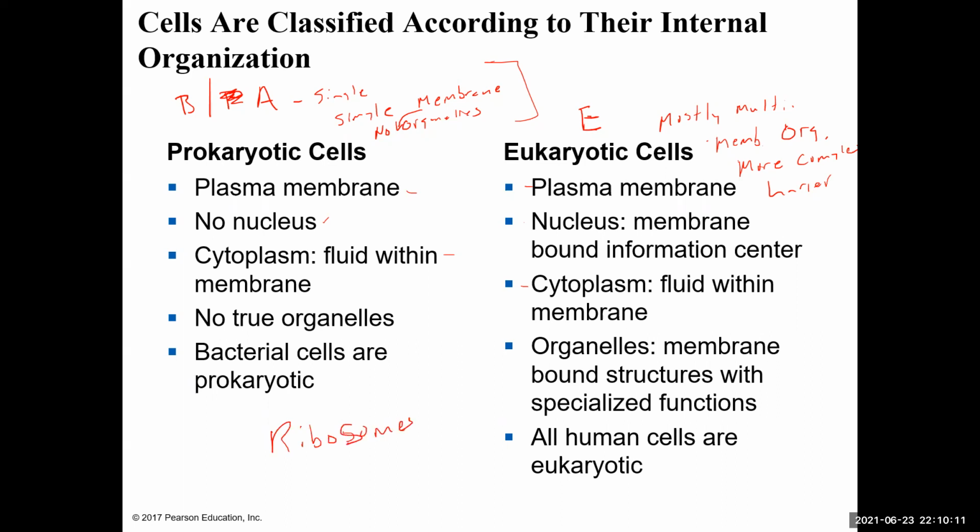So those ribosomes are the organelles that make the proteins, and prokaryotic cells and eukaryotic cells both have proteins, so they need those ribosomes in order to function and to have those proteins made in order to carry on those cellular processes and cellular functions. And we've also mentioned bacterial cells are prokaryotic, and an example of eukaryotic cells are human cells.